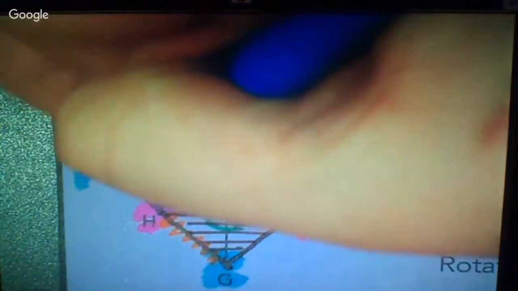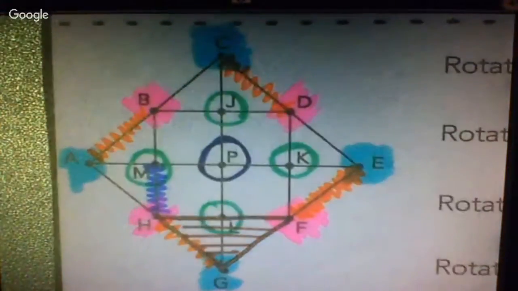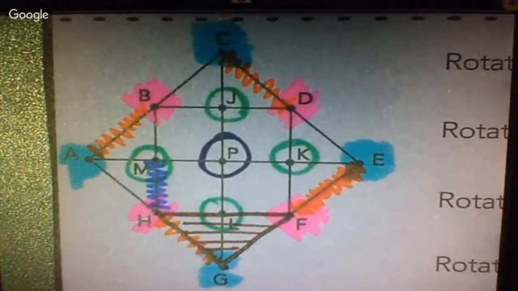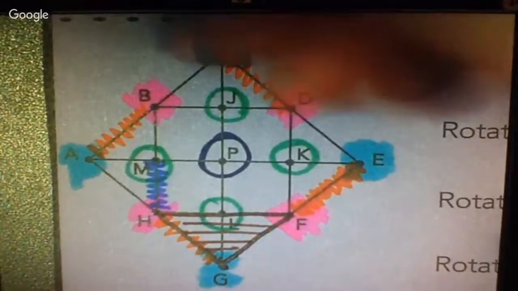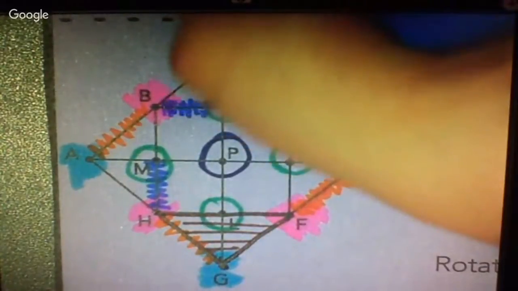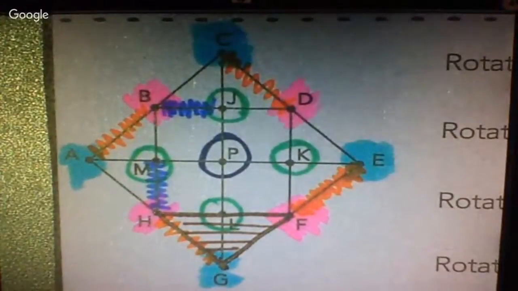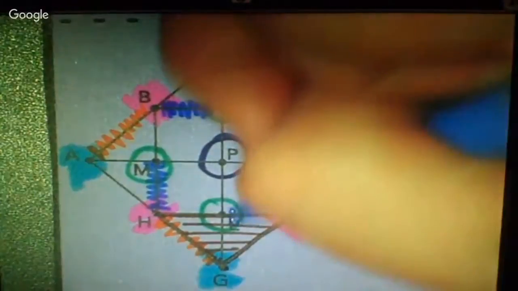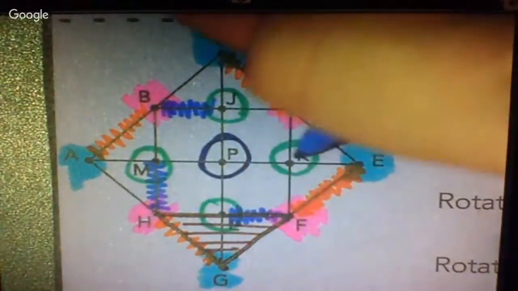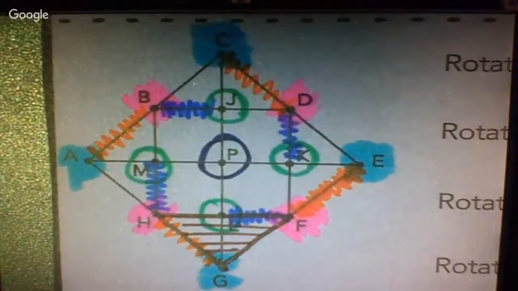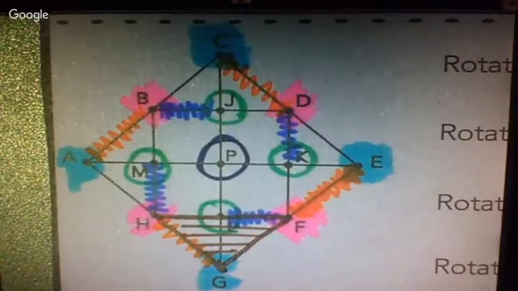Okay. The next one we should do is H to M. H to M is this line. Okay. So Kathy said it could be BJ. What else could it be? JK. F to L or K to D. Oh yeah, D to K. You're right.